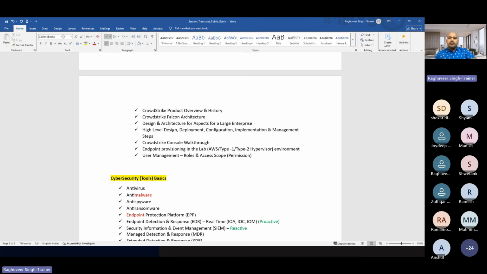Type 1 hypervisor is bare metal hypervisor, wherein you deploy the virtualization software on the top of a hardware, just like VMware ESX host, and then you create virtual machines. Type 2 hypervisor basically means a hypervisor which you deploy on the top of a server, for example, your laptop, which is also known as hosted OS hypervisor, and then you provision virtual machines there.